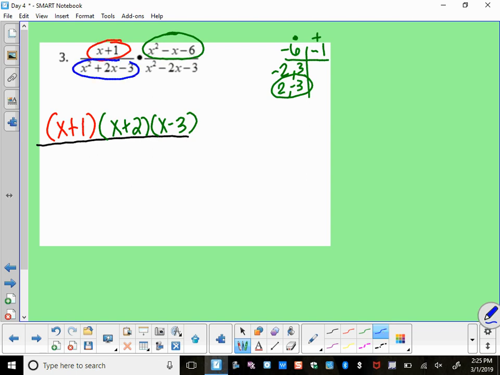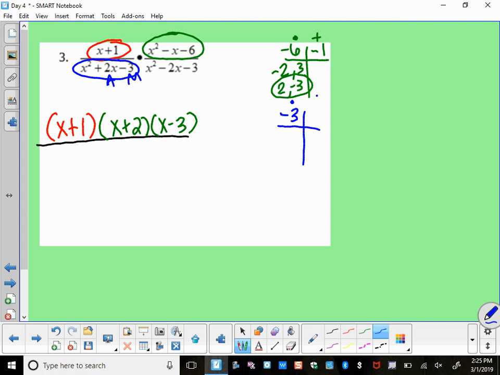Alright, on the bottom, I have x squared plus 2x minus 3. Let's do my t-chart. I need two numbers that multiply and give me what? Remember your AM method. Negative 3. Take your sign before.